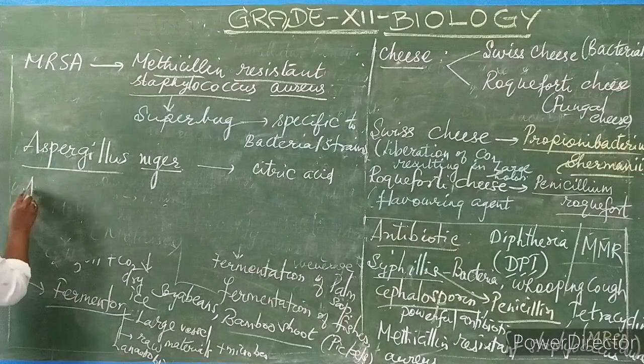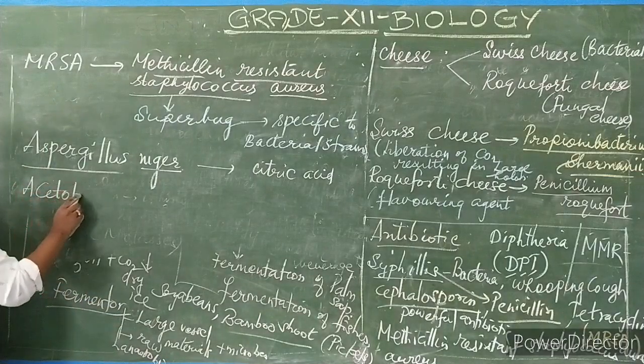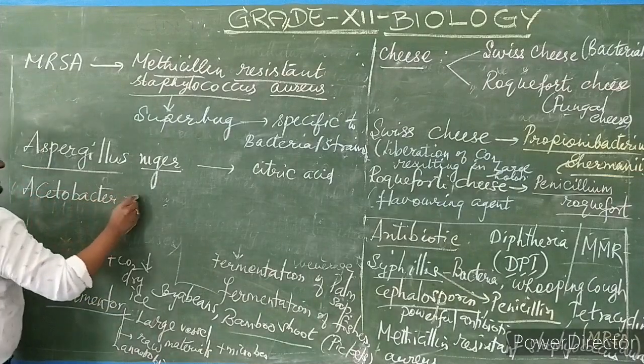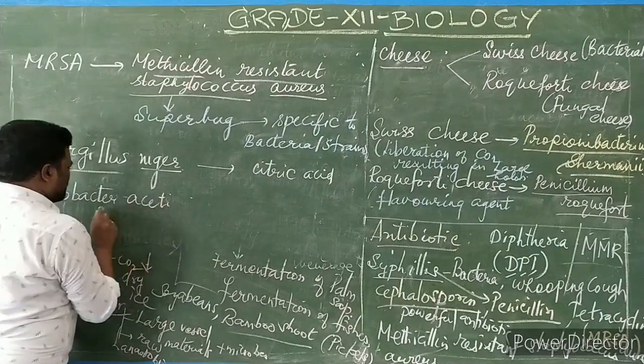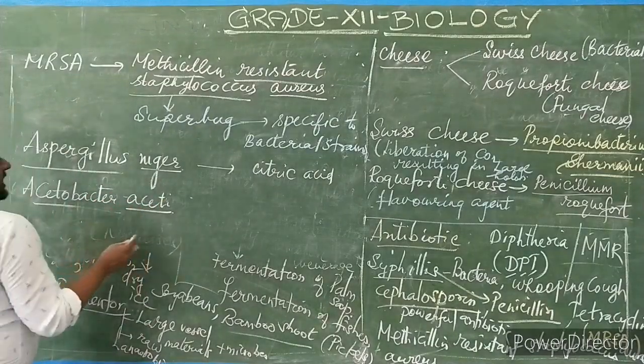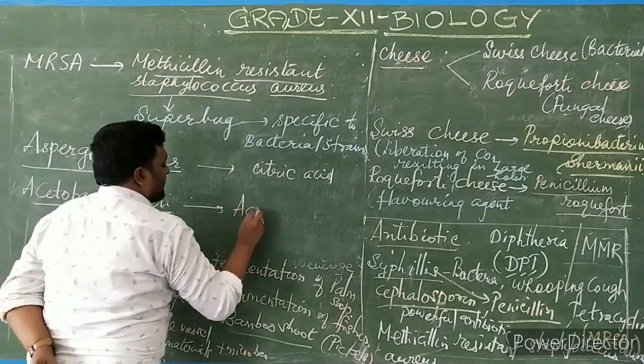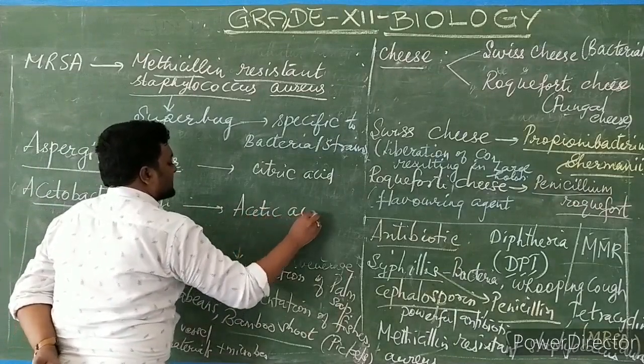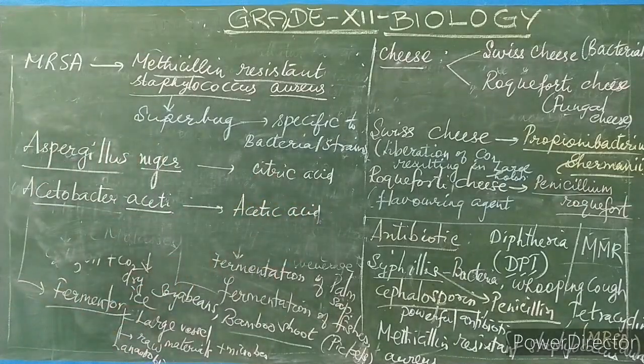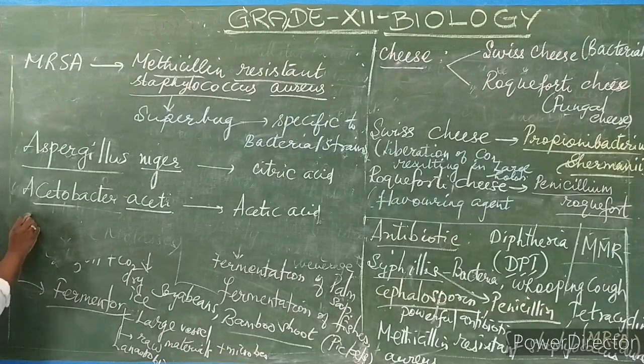Then bacteria called Acidobacter aceti helps in the manufacture of acetic acid. Then Saccharomyces cerevisiae.